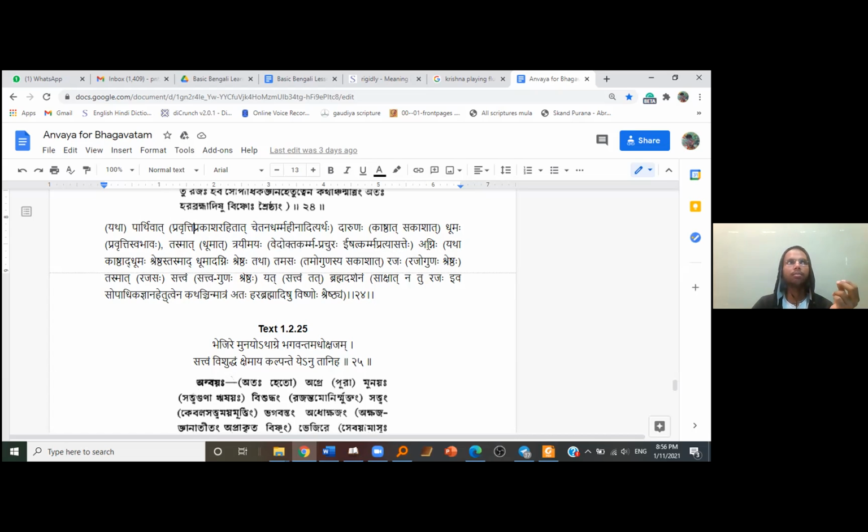Agni signifies the living property, because ishat karma pratyasattehe, vedokta karma prachura. Agni, when it is ignited, is believed in the Vedic scriptures to be auspicious.